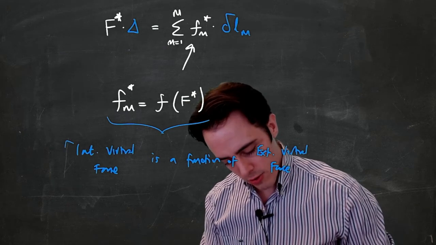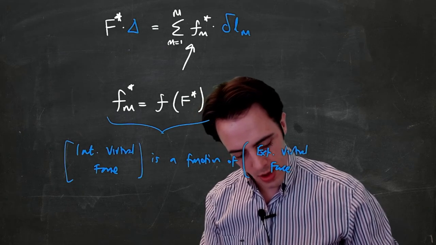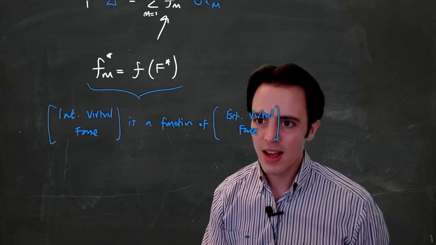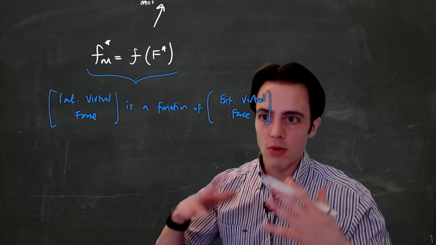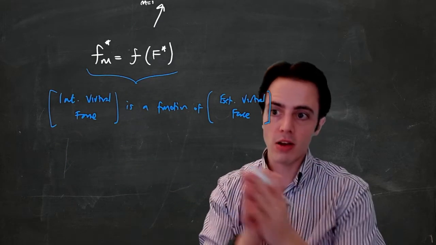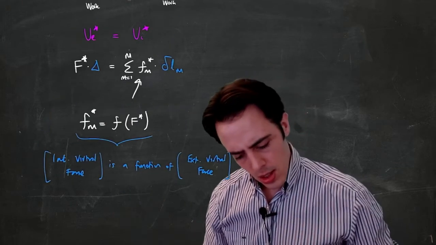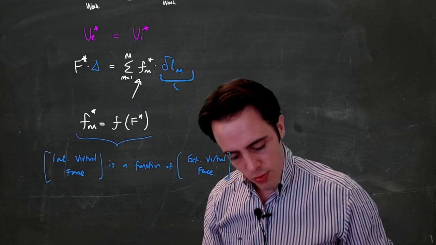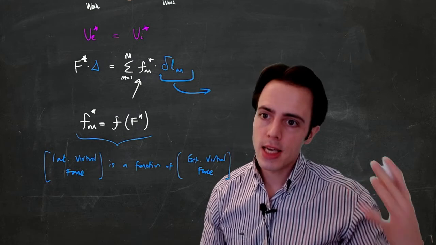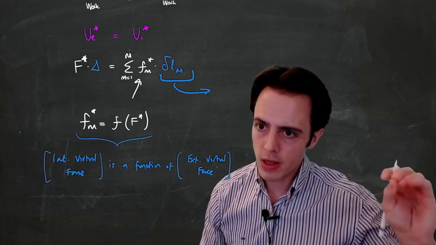Okay, so the internal virtual force is a function of the external virtual force, and we get that through having the relationship between those two things, which is the free body diagram and the method of joints. What are these on here? Well, this is the real extensions of each internal member when we apply the real load.